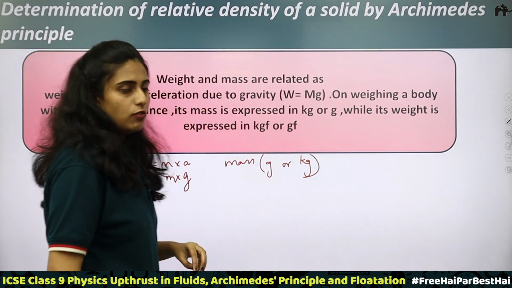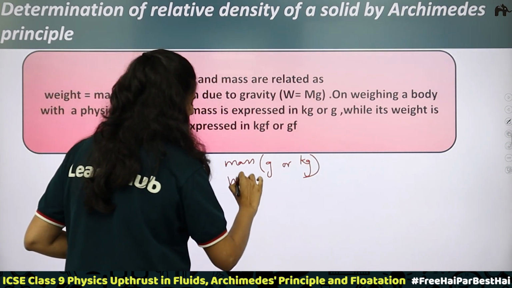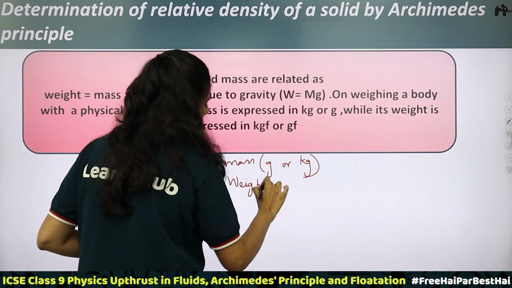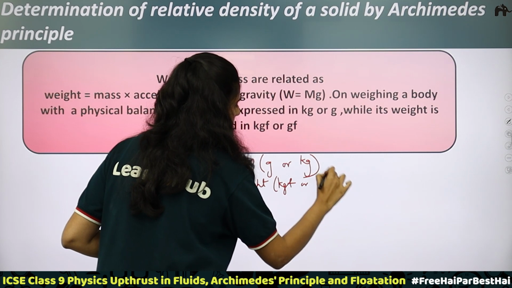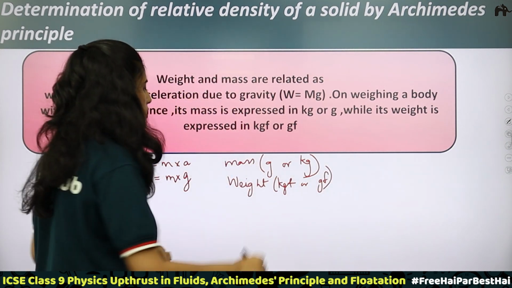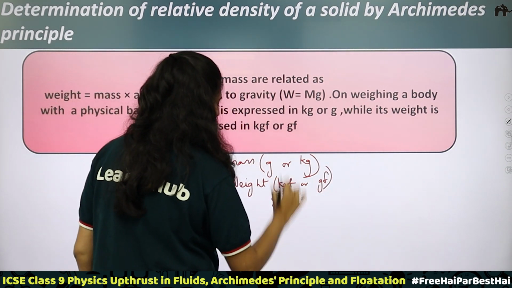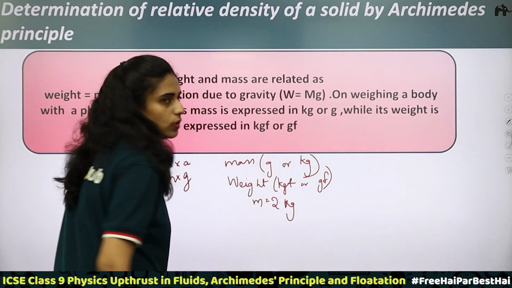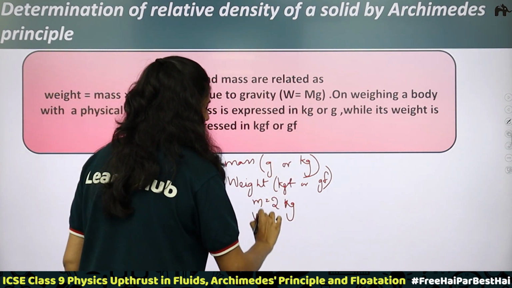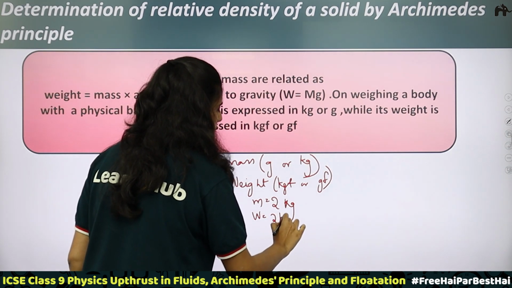If you measure in gram or kilogram, the weight will be in units of kilogram force or gram force. If the mass is 2 kilogram, the weight will be equal to 2 kilogram force.